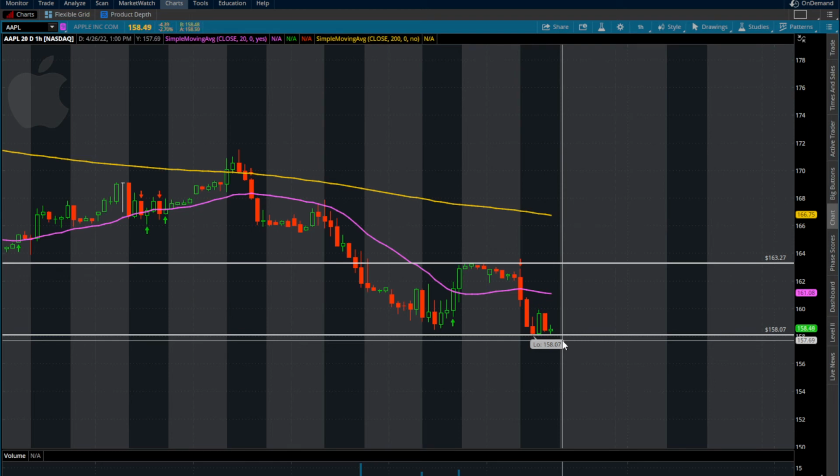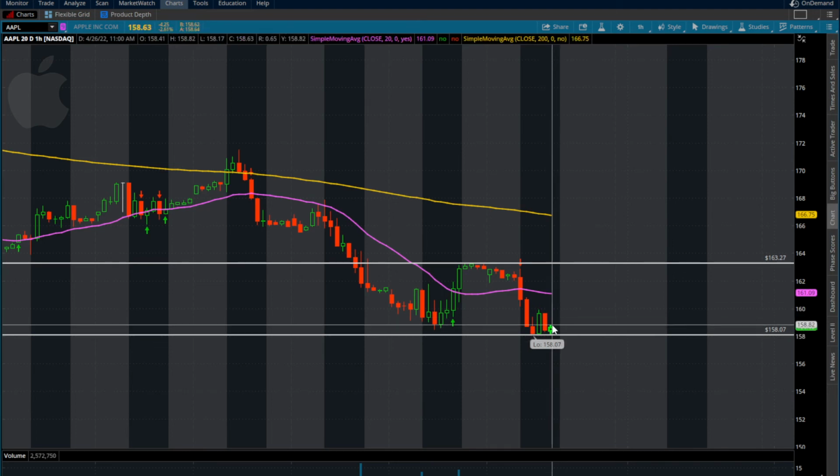But this is how you can also bounce a stock that has been beaten up all day, right? Because we have to imagine stocks are not just going to go down in a straight line. They're going to give us an area of opportunity to bounce the play. If you look at Apple now forming this 1 hour green candle, it is trying to recover a little bit of these losses from the selling pressure.